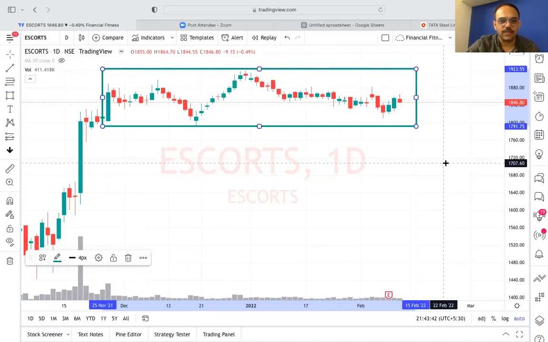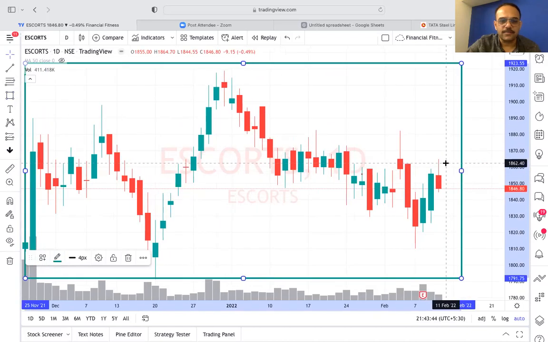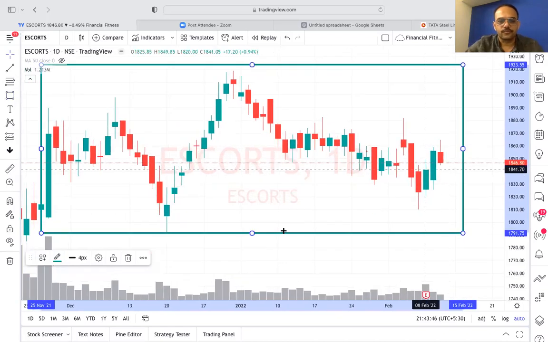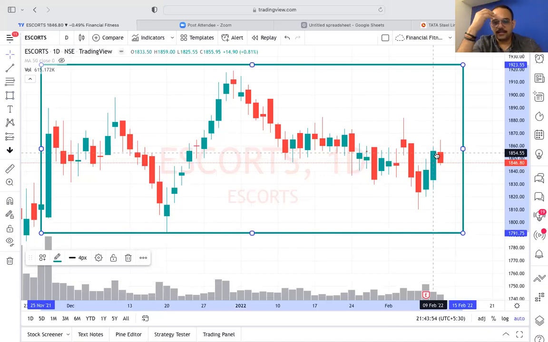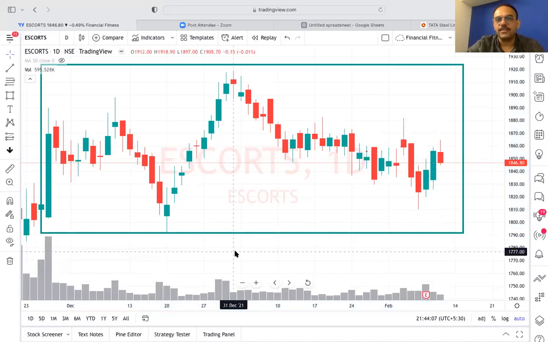I'm just zooming in so that I have a clear visibility of volumes also. Again, it's a subjective thing. It's a matter of experience. I'm just giving my view. You may see it differently. It's still perfectly fine. But our trading strategies will be similar. But how to know whether it is an accumulation or distribution?